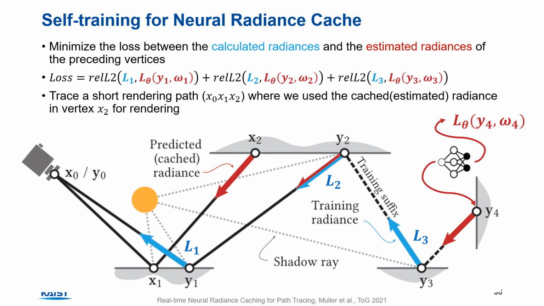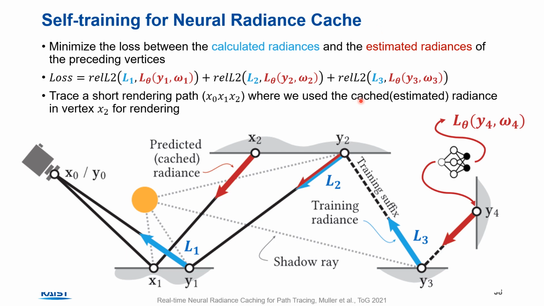However, the problem is that we don't have the ground truth. Obtaining the ground truth for all radiances is very time-consuming. So, this work provides a self-training approach, which is to minimize the loss between the calculated and the estimated radiances. As in the figure, we can estimate the radiance from Y4 using the neural radiance cache and calculate the radiance from Y3, Y2, and Y1 based on the radiance out of Y4. And these are the calculated radiances, the blue ones.